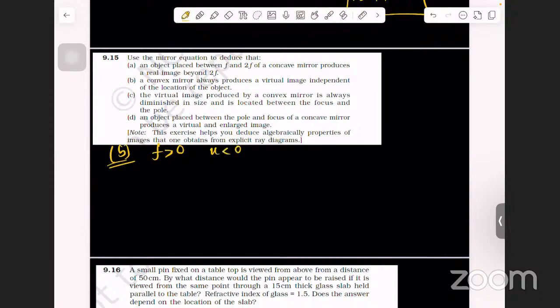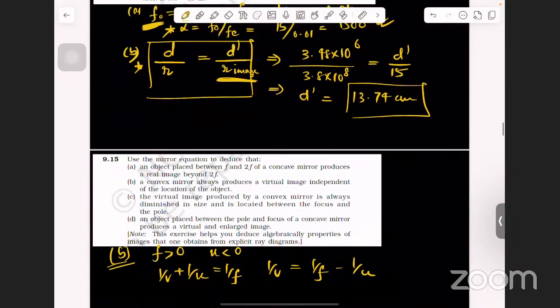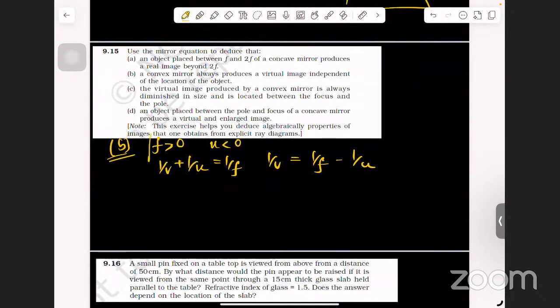All right. Now if we write again the mirror formula, this thing 1 by V will be 1 by F minus 1 by U. But we have F is positive, U is negative.